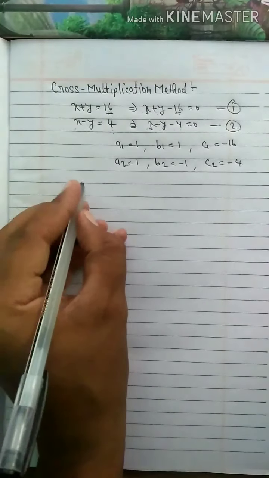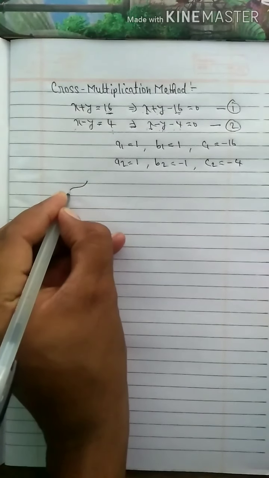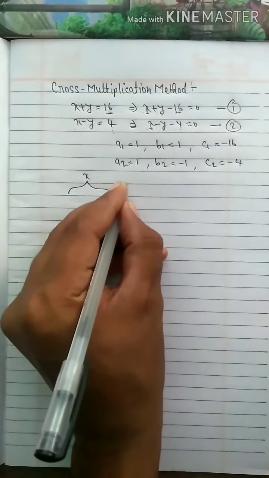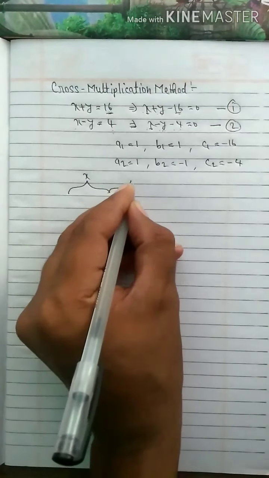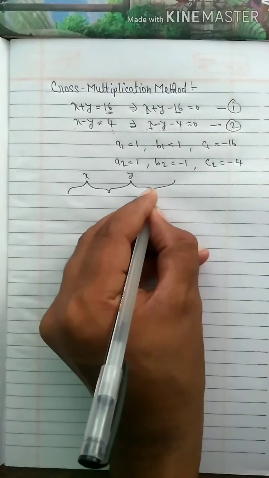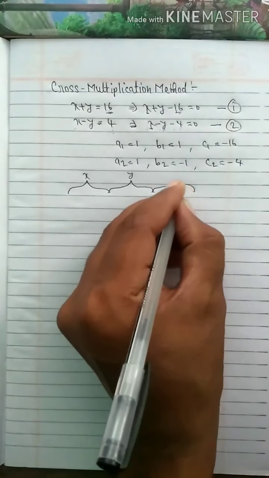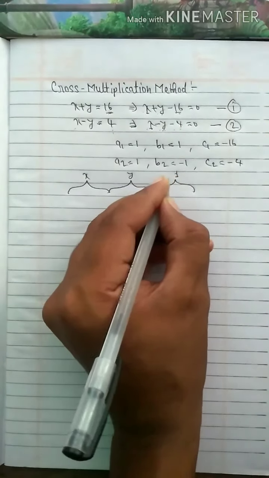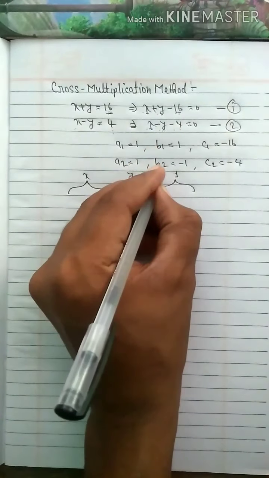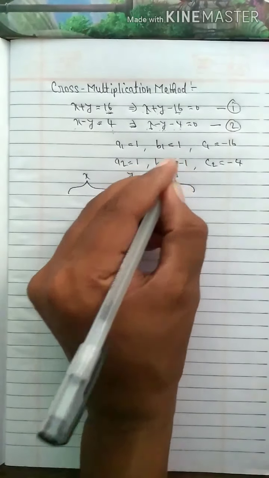And now we will write like this. This is x, this is y, and this is the 1. And now here we will write b1 b2. The b1 b2 is 1 minus 1.